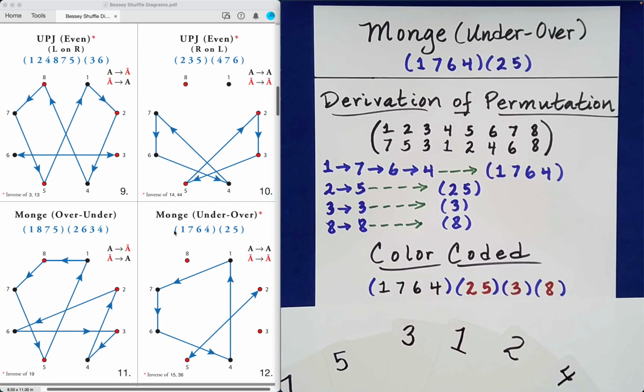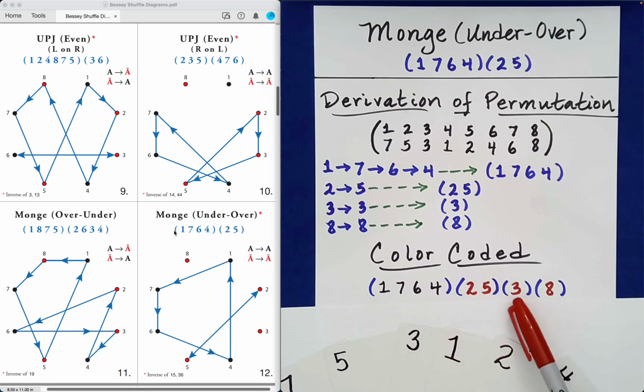So now if we color code our permutation expressed in cycle notation, we'll clearly see that inversion does not occur, because 1, 4, 6, 7, those position values are all color-coded black, and each of them is sent to another black value. Here, the positions 2, 3, 5, 8 are color-coded red. And so we can see that red 2 gets sent to red 5, which gets sent to red 2.